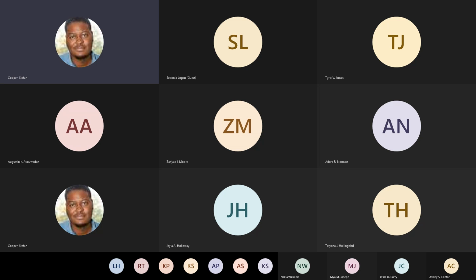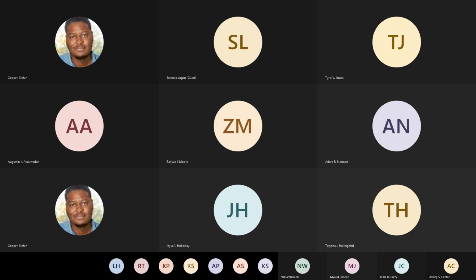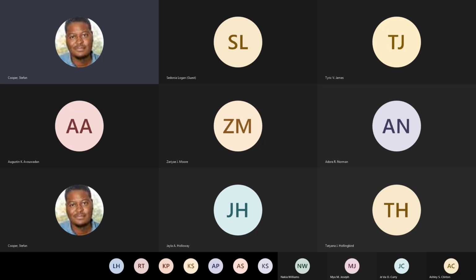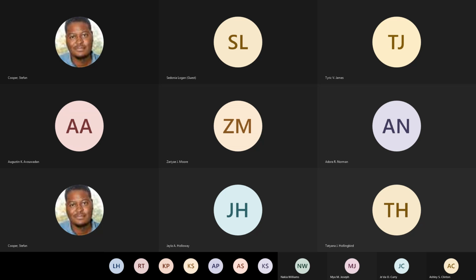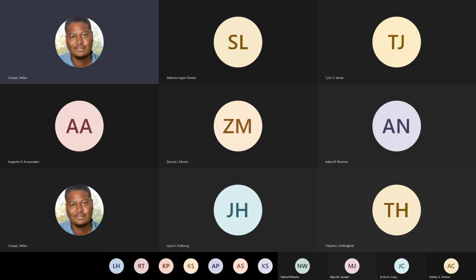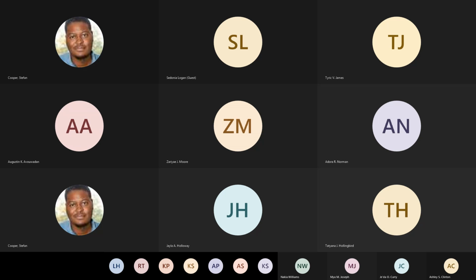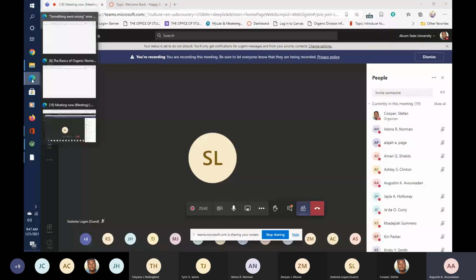Okay, let me do this. I got this hooked up to the other screen. I'm testing the setup. Let's just do one screen right now. You're doing construction in the math science building?